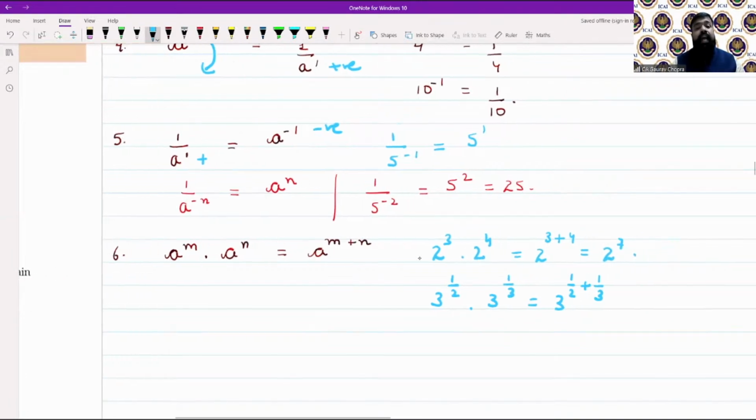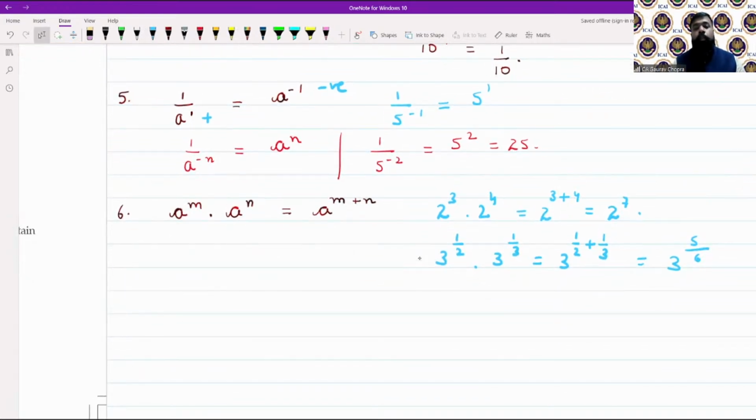Now we can take LCM, and it can be written as 3 to the power of, now LCM will be 6, then 3 plus 2. It becomes 5 by 6. So 3 to the power of 5 by 6. So this is the property of a to the power of m multiplied by a to the power of n.